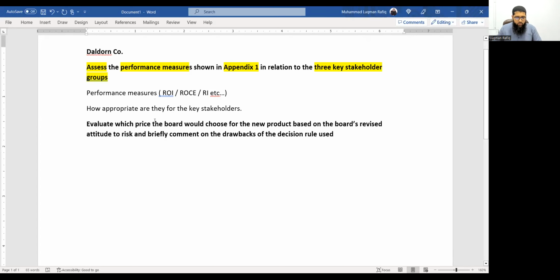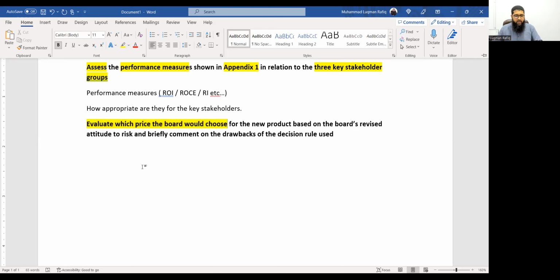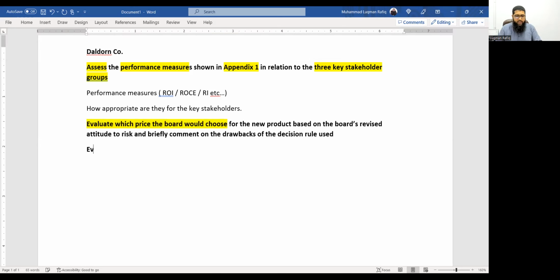You have to evaluate the price. You have to evaluate which price the board would choose. That means you have to help the board with the decision making. So evaluating the price is basically helping the board choose the price.